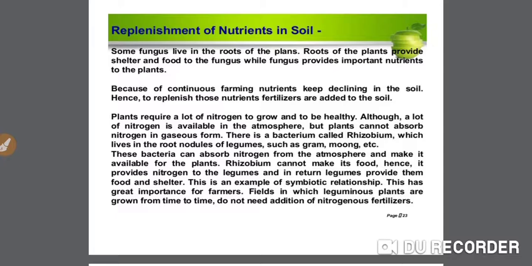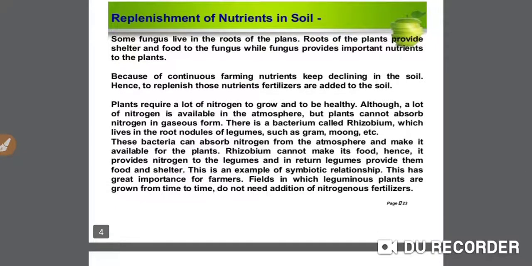There is a bacterium called rhizobium which lives in the root nodules of legumes such as gram, moong, etc. These bacteria can absorb nitrogen from the atmosphere and make it available for the plants. Rhizobium cannot make its own food, hence it provides nitrogen to the legumes, and in return the legume provides it food and shelter. This is an example of a symbiotic relationship.